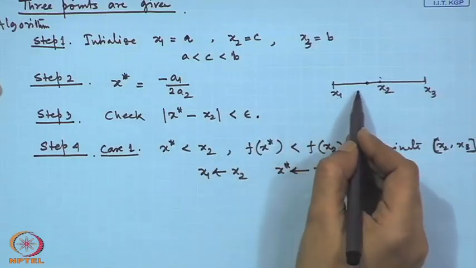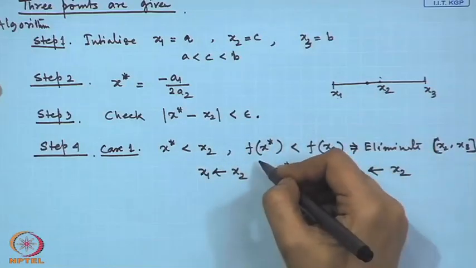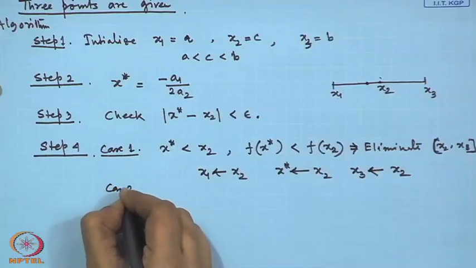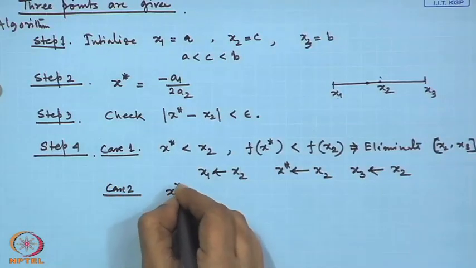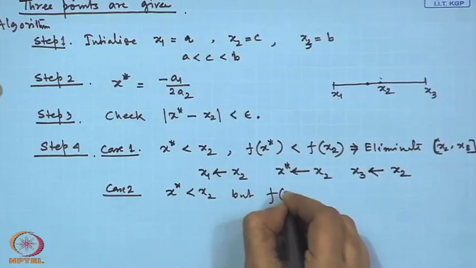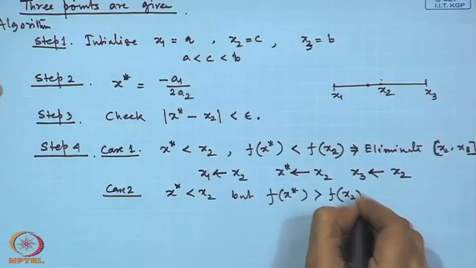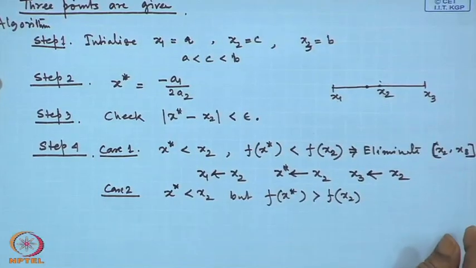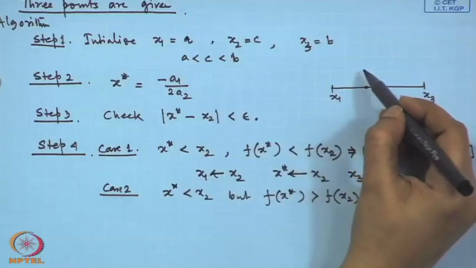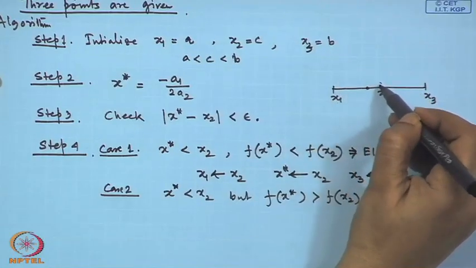This is one of the cases I have considered, that x star is in the left part of x2 and the functional value of x star is lesser than f(x2). If the other case arises, that x star is lesser than x2, but f(x star) is greater than f(x2). Since we are going for the minimization of functional value, that means the f(x star) value is higher than the f(x2) value. The function is coming in this way in that case.